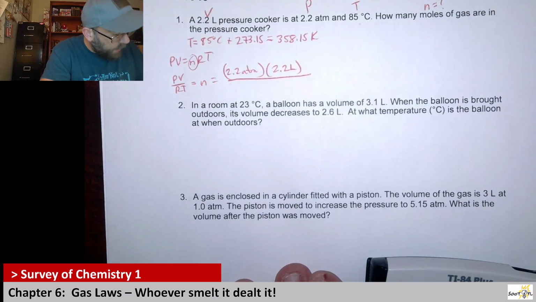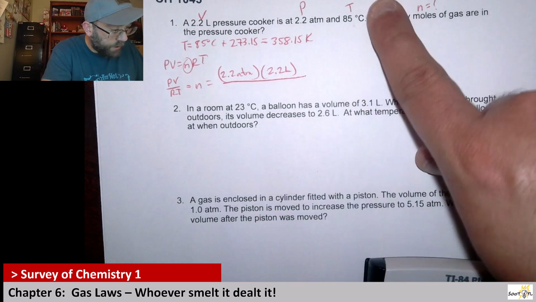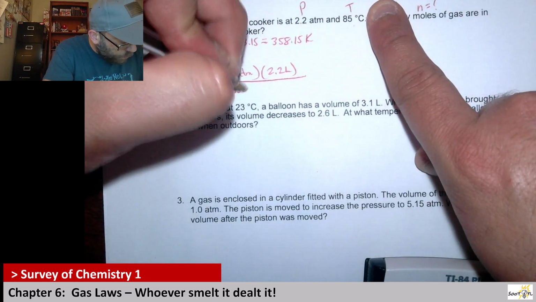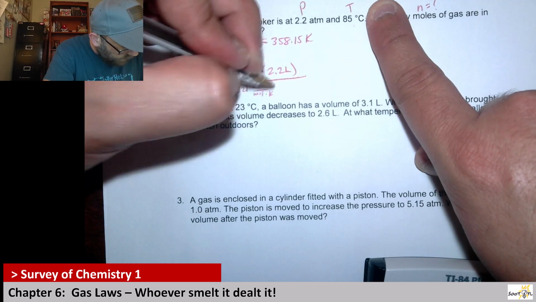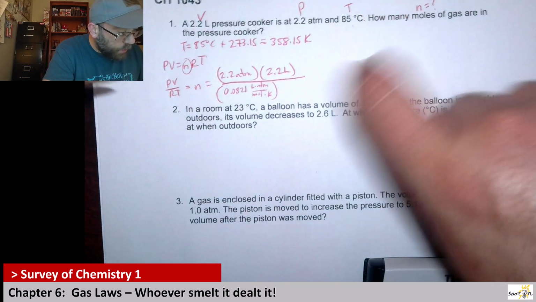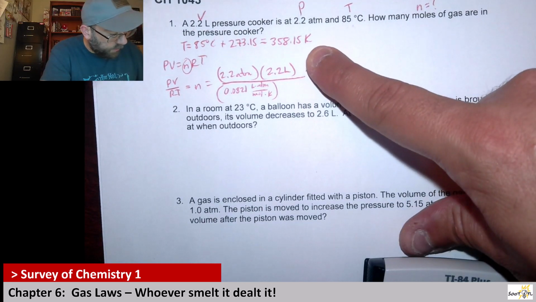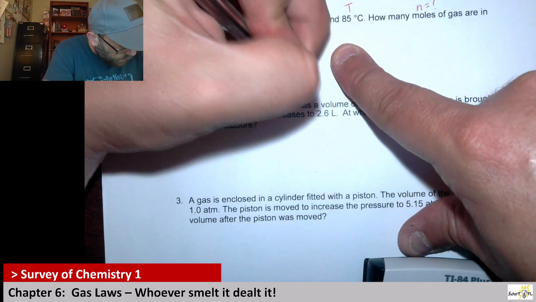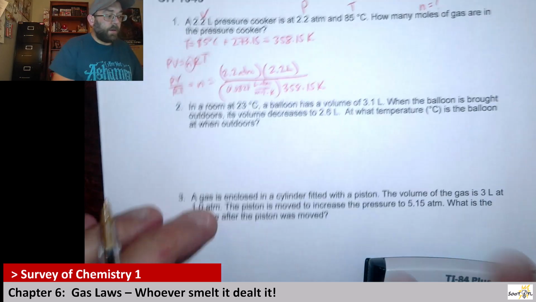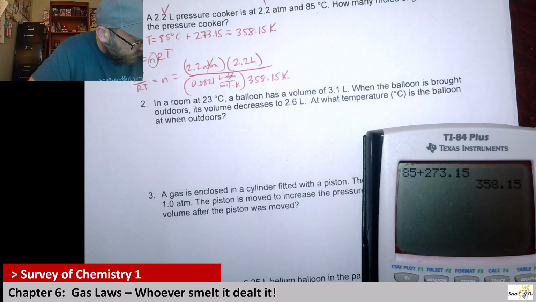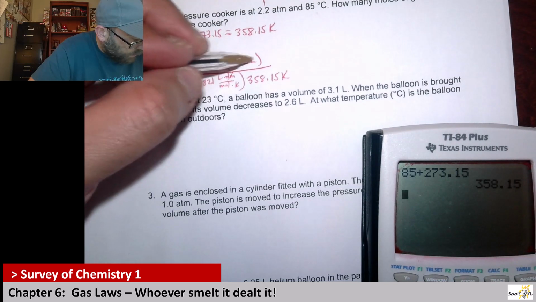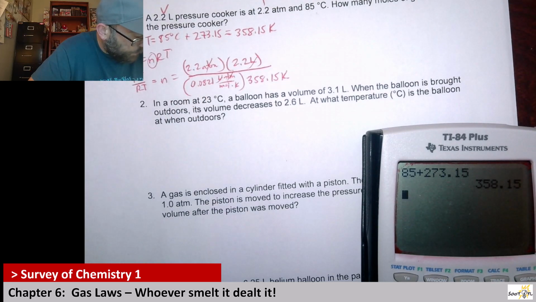And then all of that on top of R, which is 0.0821 liter atmosphere per mole Kelvin. And then temperature, which we converted properly to 358.15 Kelvin. Let's look at what would cancel. Atmospheres would cancel, atmosphere on top, on bottom, liters on top, liters on bottom.